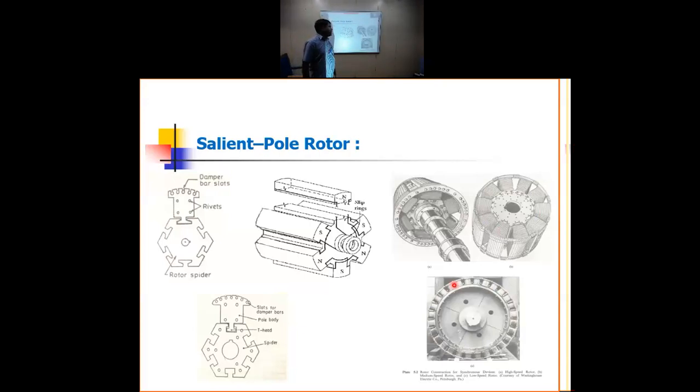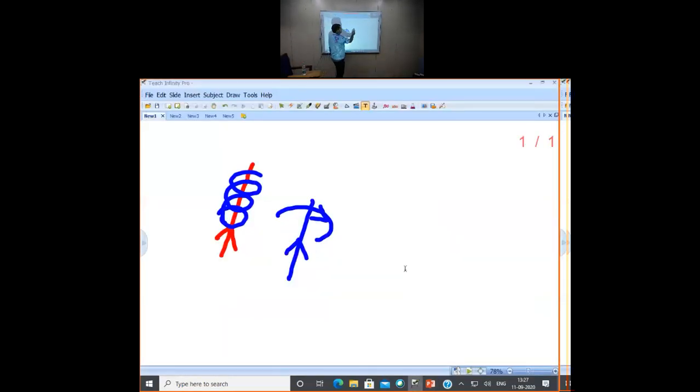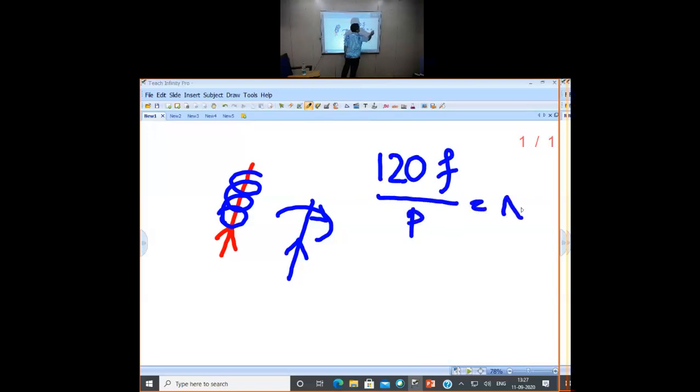Now you consider 120 F by P equal to N. If you see this equation, then N into P is 120 F, and that is a constant value.